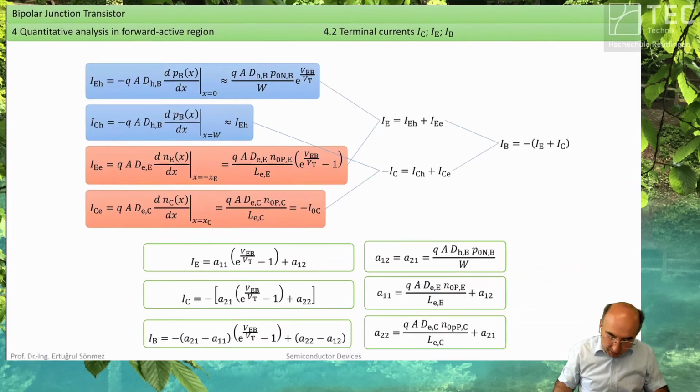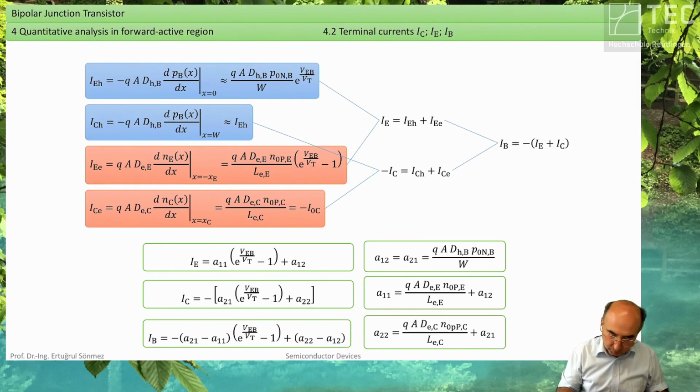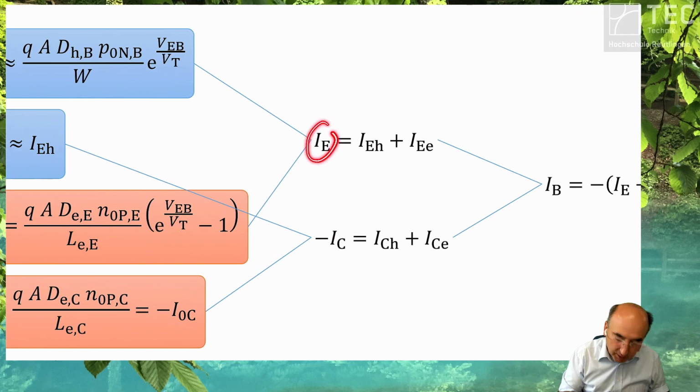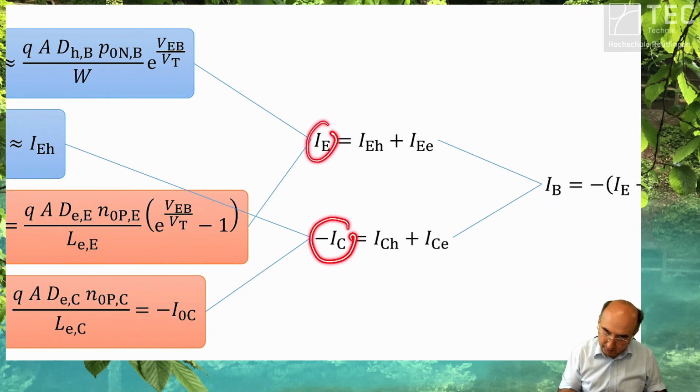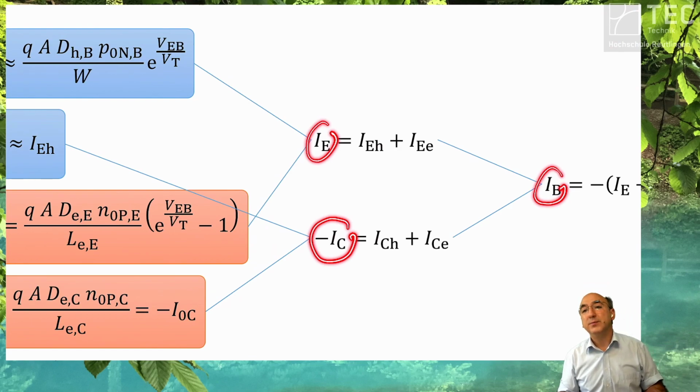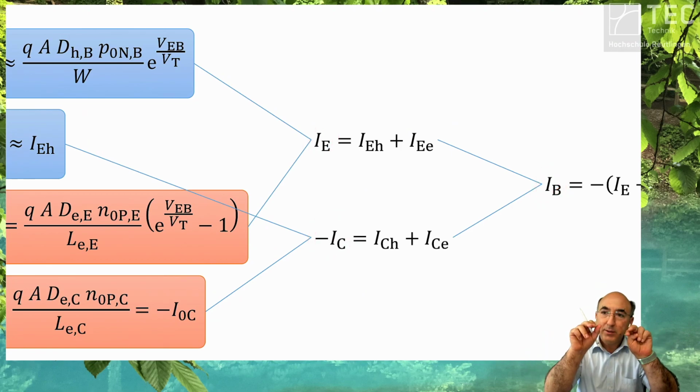That's it. And now let's calculate the emitter current, let's calculate the collector current, let's calculate the base current. Because we know all the individual puzzle parts, we put them just together.